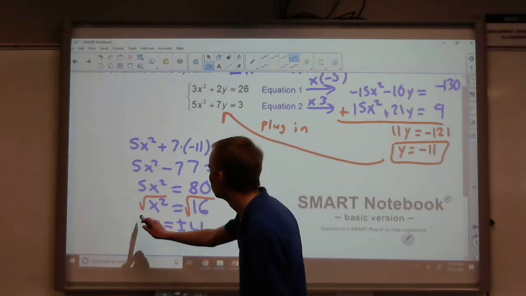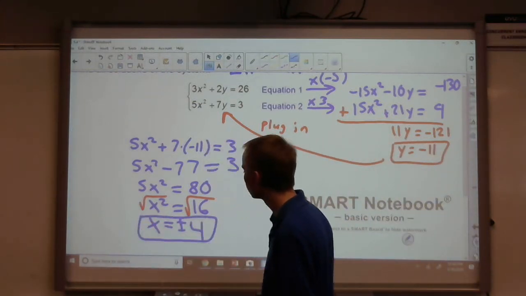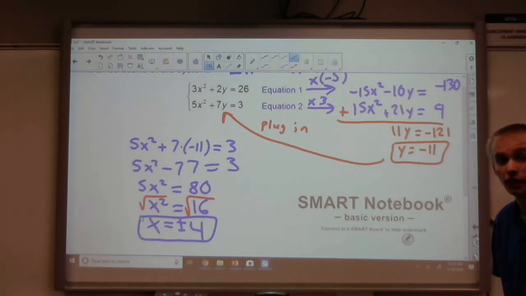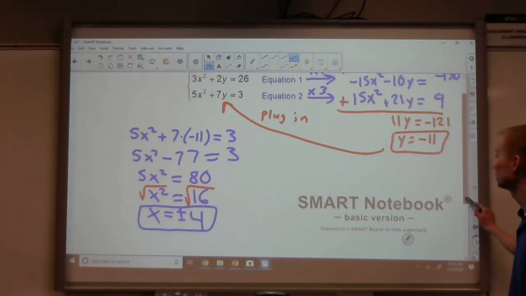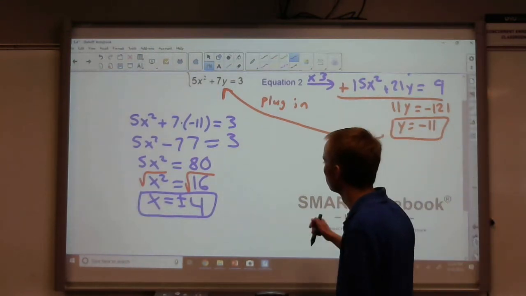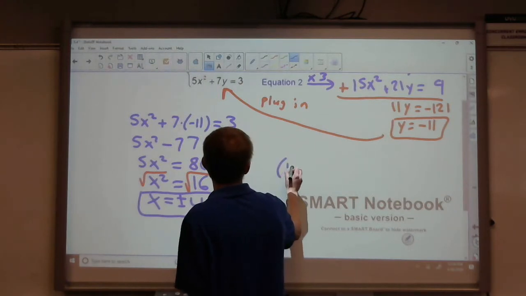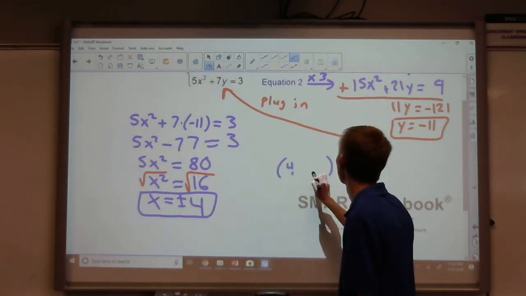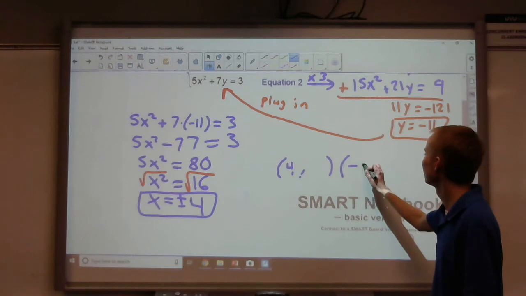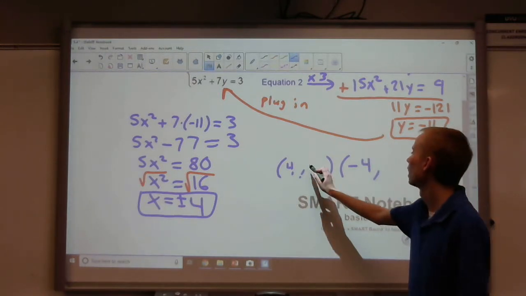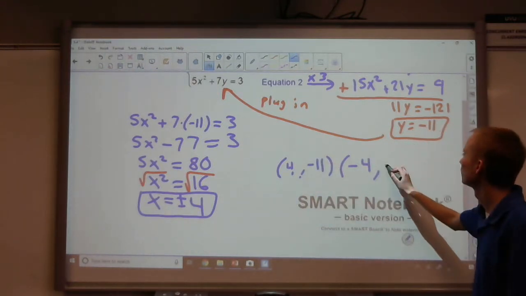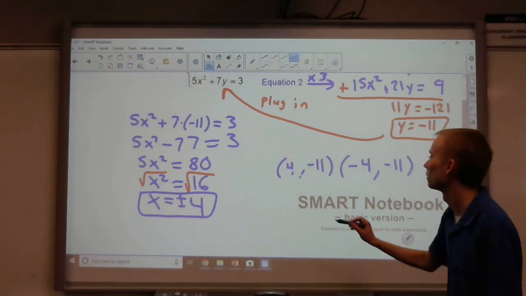So in the end, my answer from this should be points, right? So I just do my two x values, one of them's 4, the other one's -4, and then I've got -11, -11 are my y values.